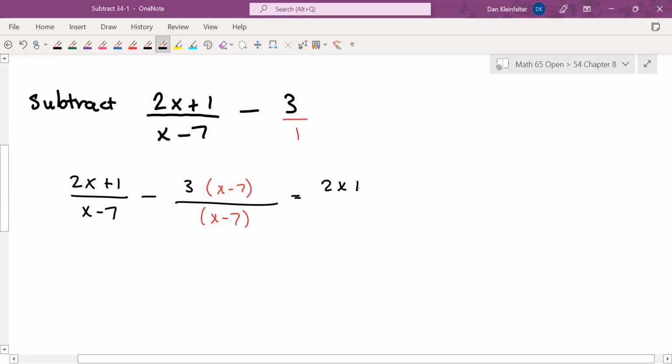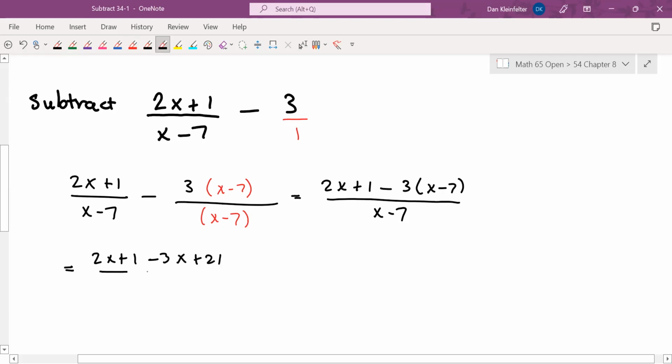So we have 2x plus 1 minus 3 times x minus 7 over x minus 7. So then distributing to remove the parentheses, and then combine like terms. So that'll be minus x plus 22 over x minus 7.